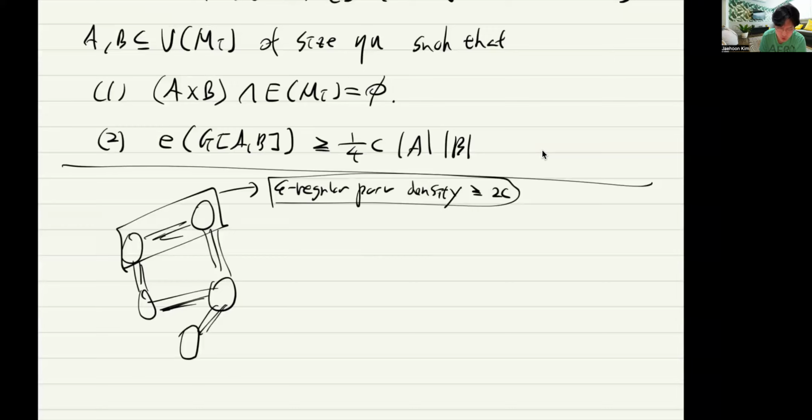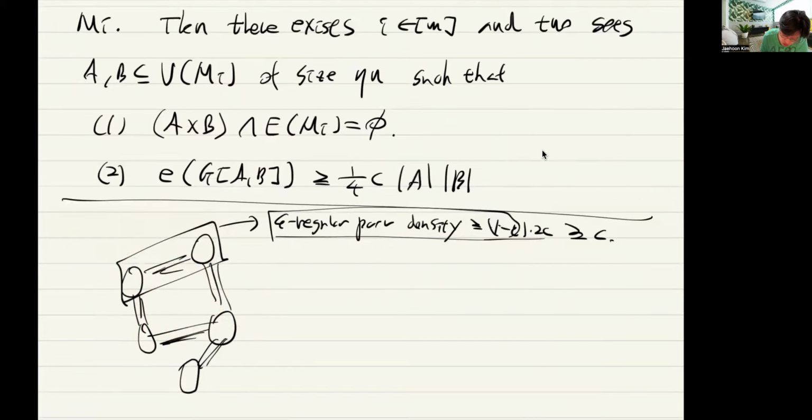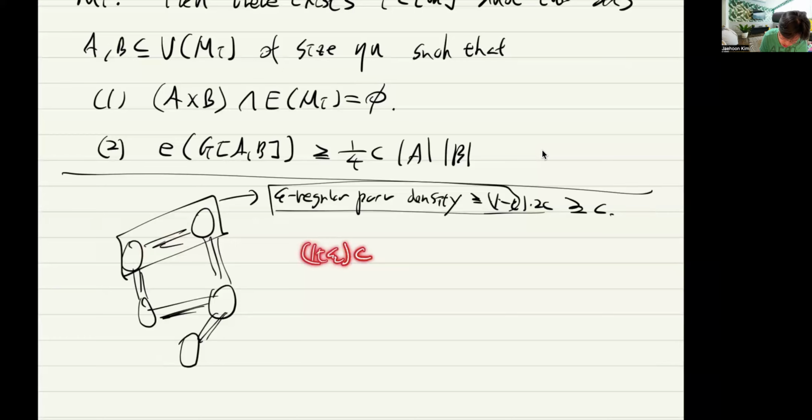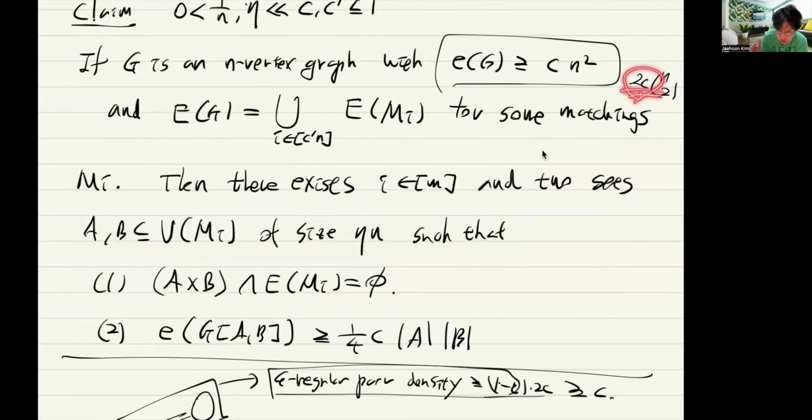Which is not difficult to show. I mean, if all of them have a density smaller, instead of 2c, let's say 1 minus epsilon times 2c, so at least c. So if all the regular pair density is below c, and all the non-regular pair number is smaller, then you can conclude that your entire graph has density smaller than 1 plus c epsilon times c, but the assumption is it has density at least 2c. So this pair is there. So you should be able to find one such epsilon regular pair.